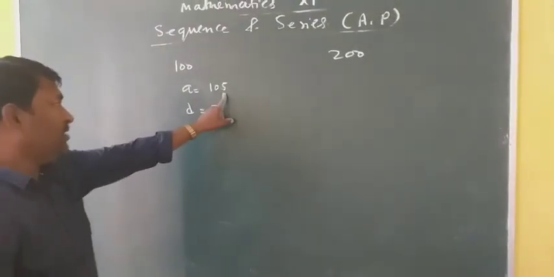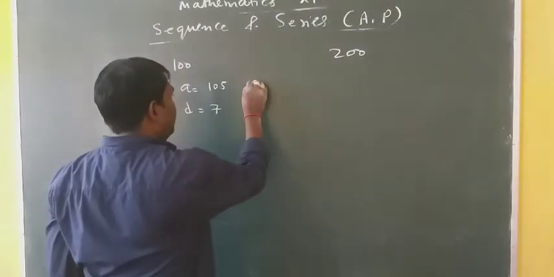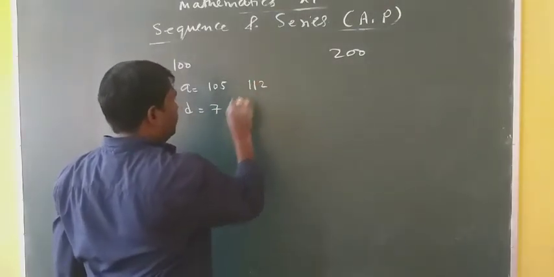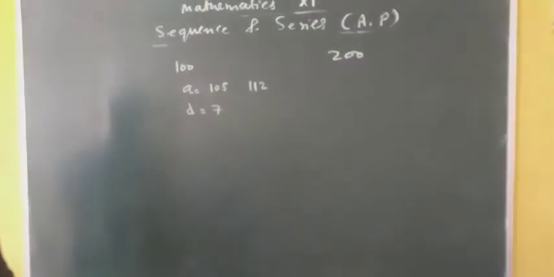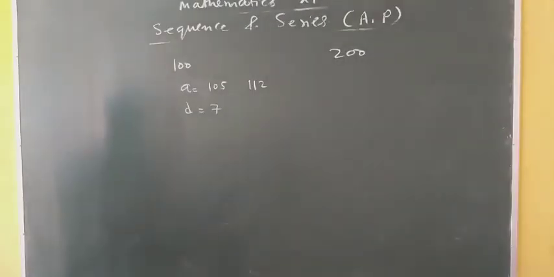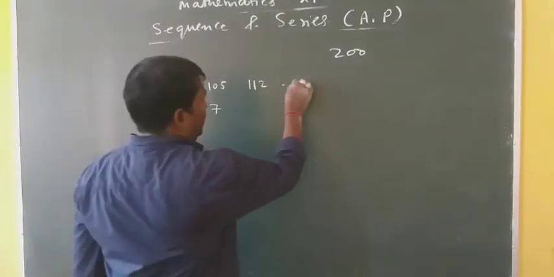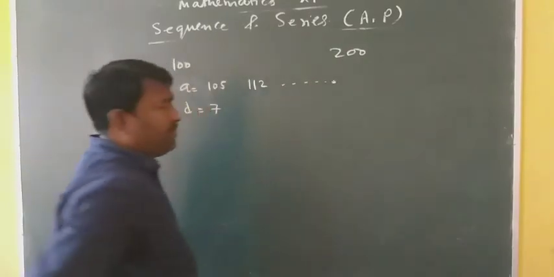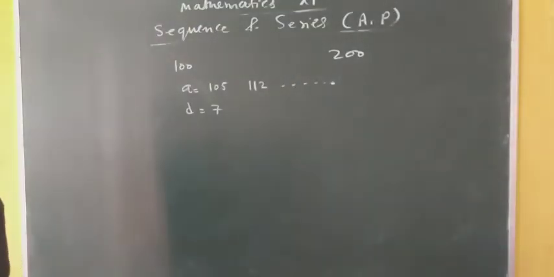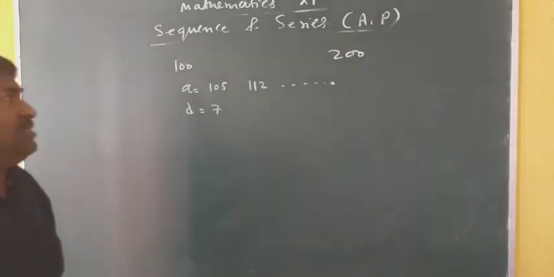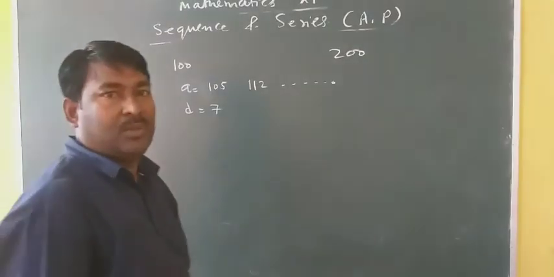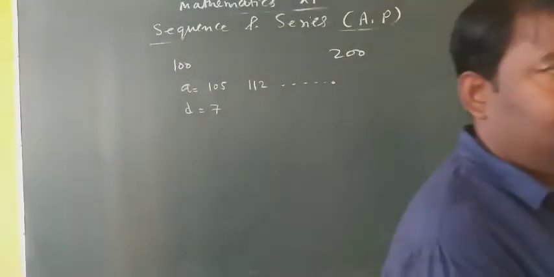Now you can add 7 and you can find. Which one is the last number? Do it for a minute, then I will tell you.